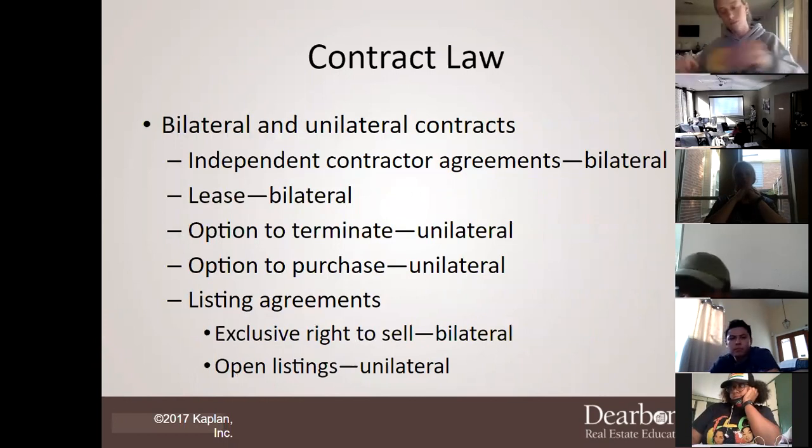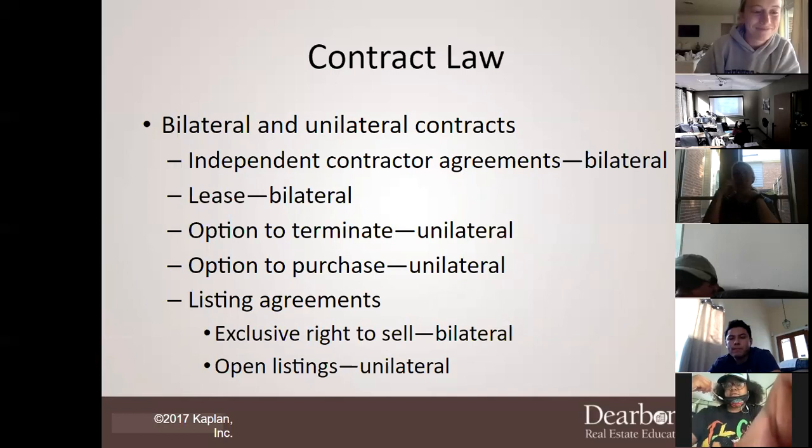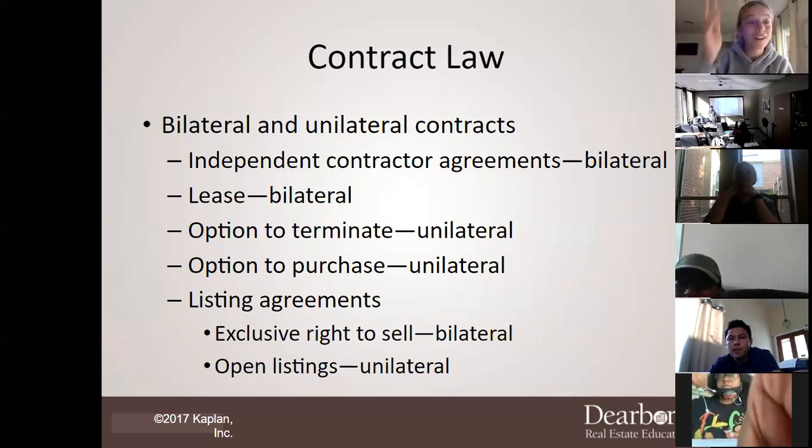All right, listing agreements. An exclusive right to sell. That's a bilateral contract. Who is that between? Anybody online know? Miss Sheldon. Yeah, Miss Sheldon. Every time. What was the question? Oh, I heard somebody else. Oh, look, a volunteer.